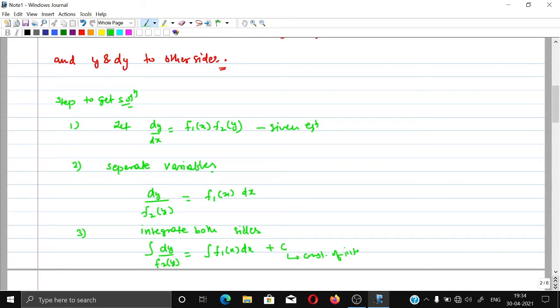Simply by following these steps, you will be able to solve the given differential equation of first order and first degree. Finally you will get a general solution, and if you are given certain conditions, by putting them in you will get the value of c, and lastly a particular solution of the given differential equation.